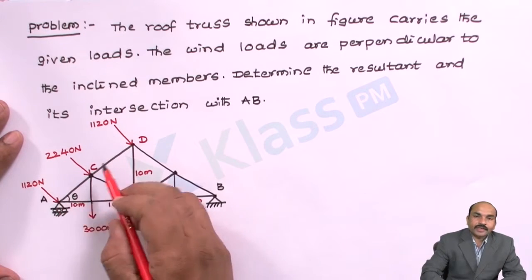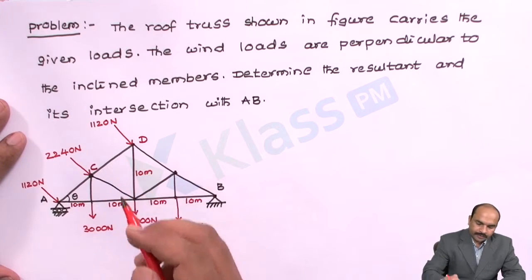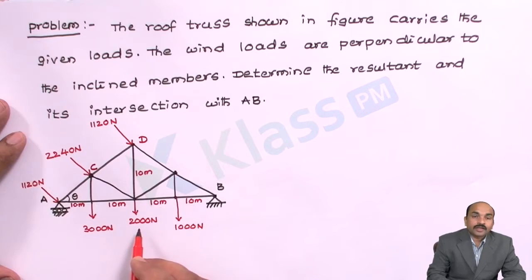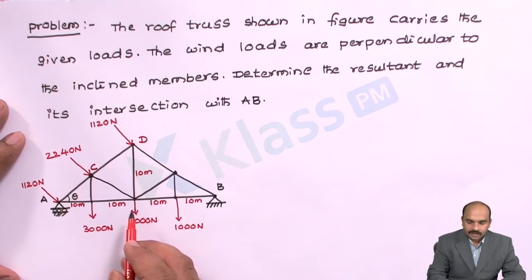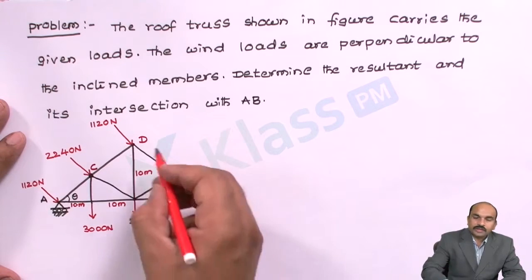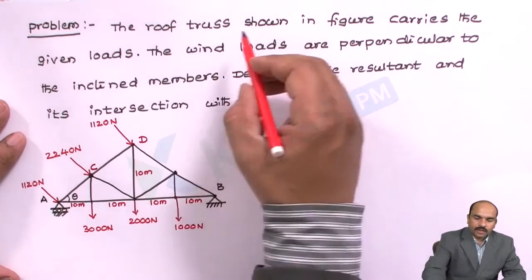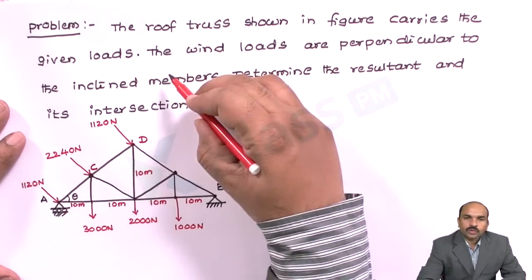At A, C, D, there are 3 perpendicular forces, and there are 3 downward vertical forces given, and different distances given. So this is the given problem. I'll read it. The roof truss shown in the figure carries the given loads.